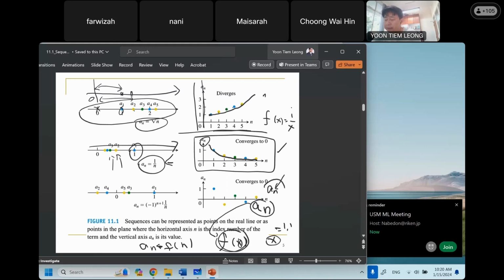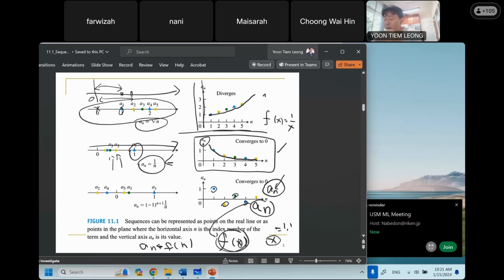But for the case of this an, it's slightly different. Usually we don't have this kind of function because most of the time the function sign is consistently positive or consistently negative. But here in the case of the alternating sequence, the sign of the sequence can alternate when n changes from odd to even, from even to odd.